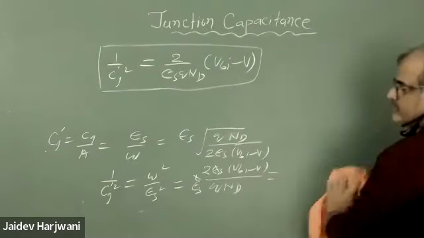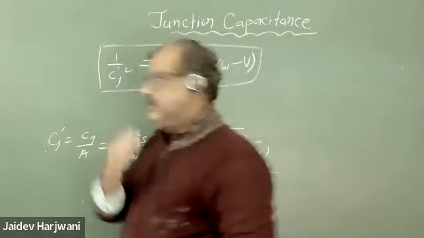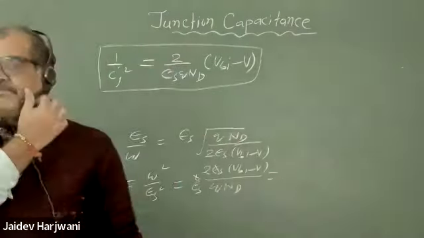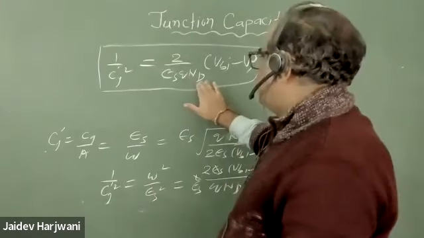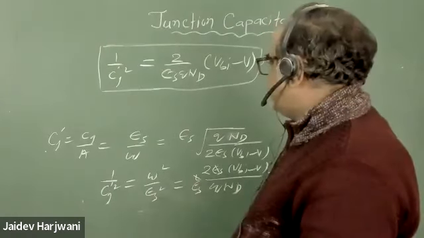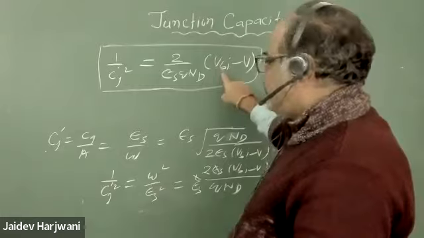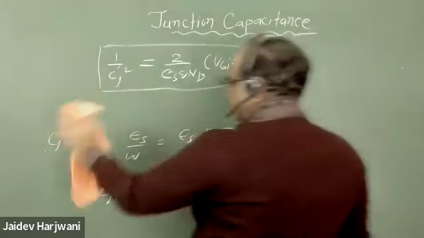By measuring the slope in the laboratory, using measured Cj and plotting this way, you can know the doping concentration in the PN junction. You can also find the VBI value by experimentally measuring the capacitance values.